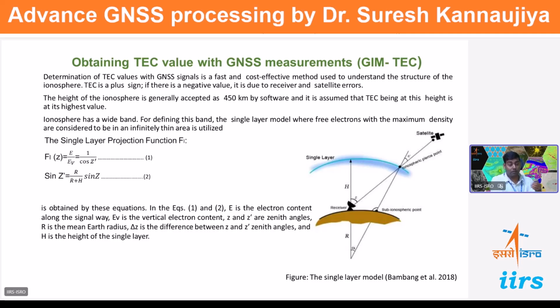Then diffusion takes place, and depletion of the electron content takes place in the ionosphere. When our GNSS signal is transmitting, we are able to observe these changes, the depletion in the total electron content in the ionosphere.